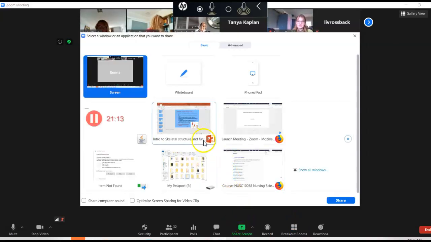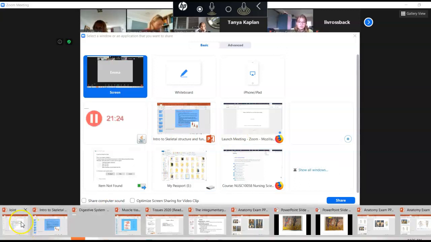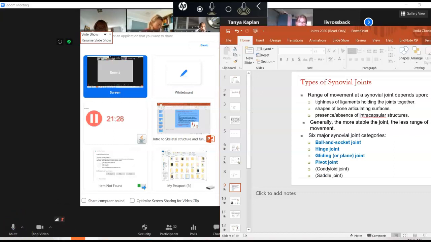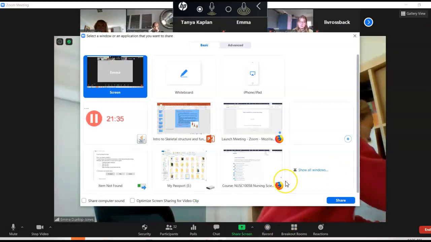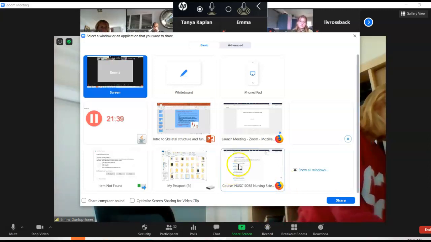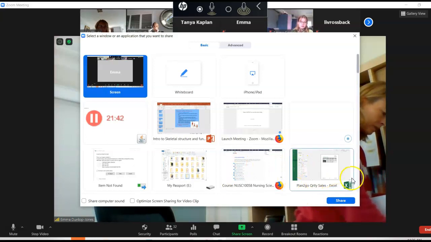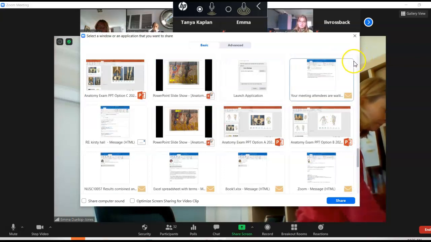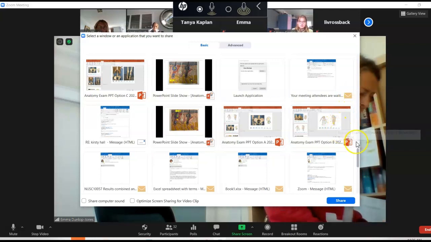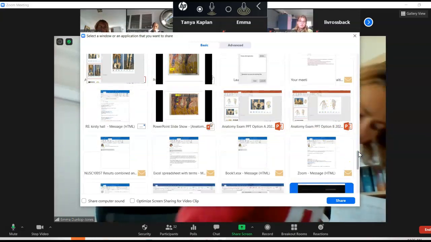And let's see if I can find joints. Sorry, I'm just looking for it through the screen.